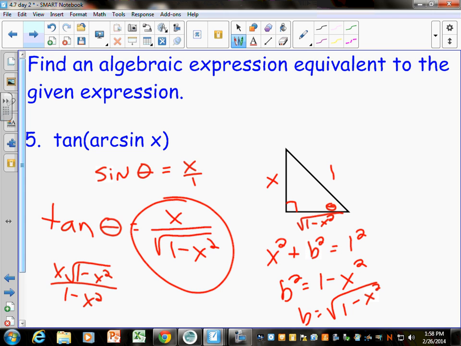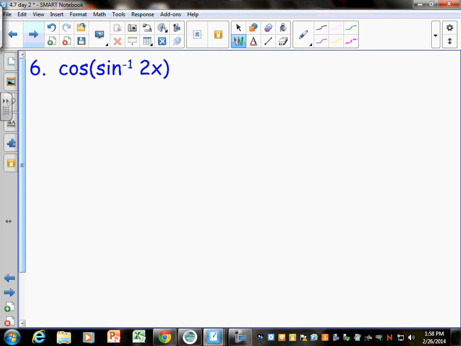So let's do one more because I kind of did this one for you. Same idea, what if I said find the cosine of inverse sine of 2x? There's no trick to it. There's no calculator stuff that can help you.